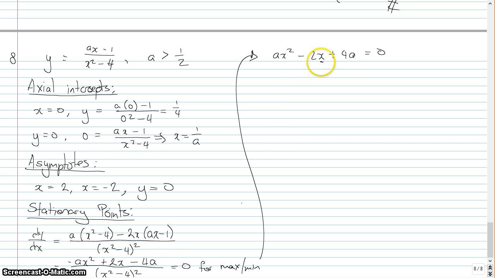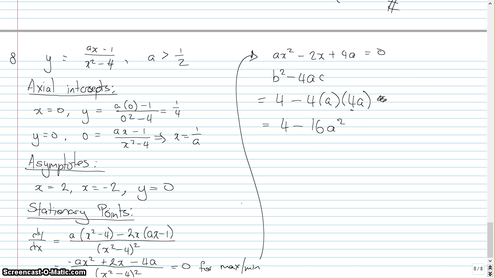And I want to solve this equation. In particular, I'm first going to look at b squared minus 4ac. And what you'll find here is that this is 4 minus 4a times 4a, that is 4 minus 16a squared.